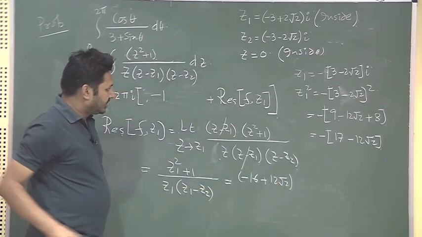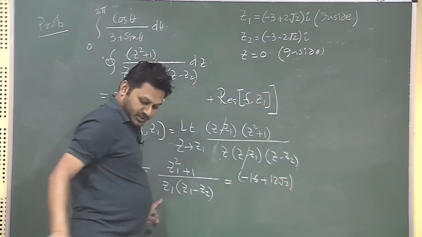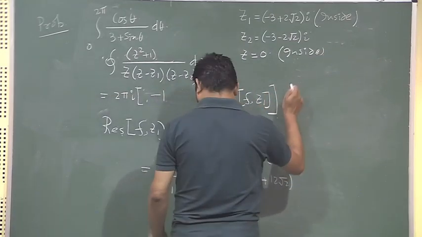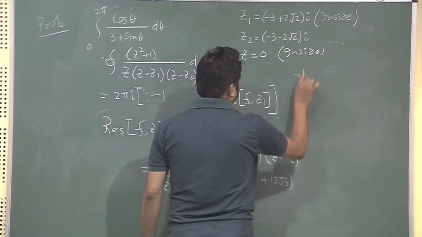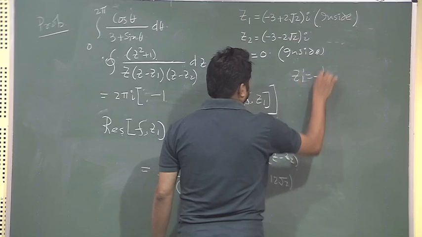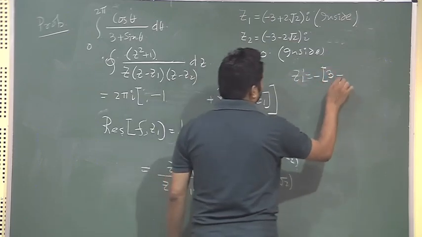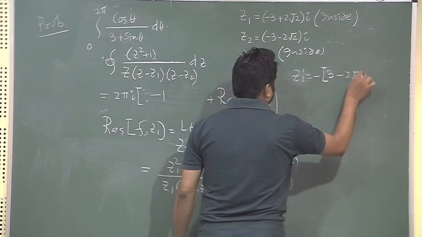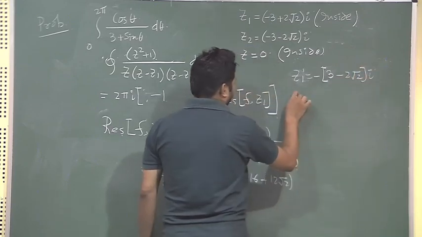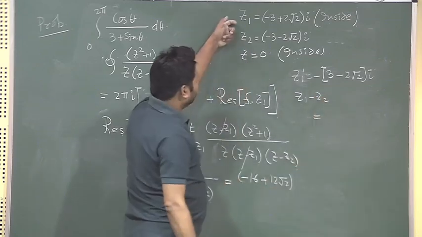Now, z1 minus z2 multiplied by z1. So, z1 is that. So, minus z1 is minus of 3 minus 2 root 2 I, and z1 minus z2 is this minus this.